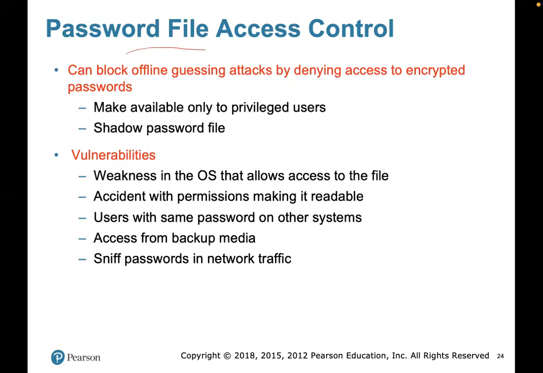So we can use different types of countermeasures. For example, intrusion detection, or encrypting the password file, or letting only privileged users or privileged processes access the password file, or defining a shadow password file.